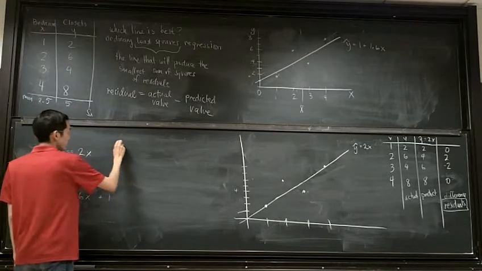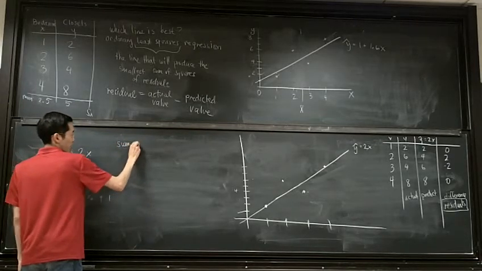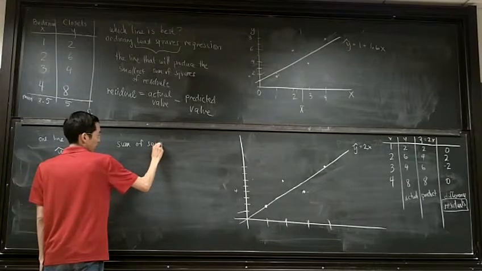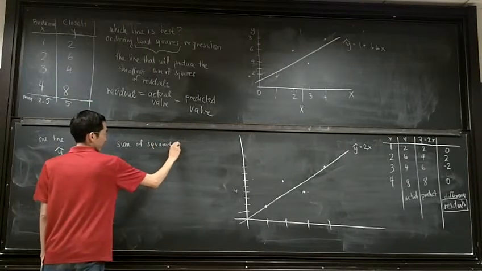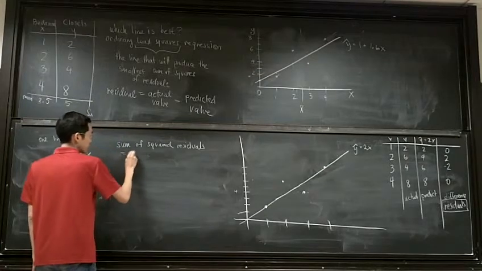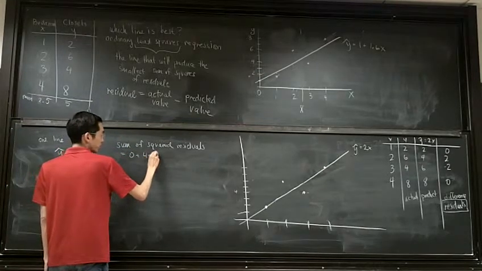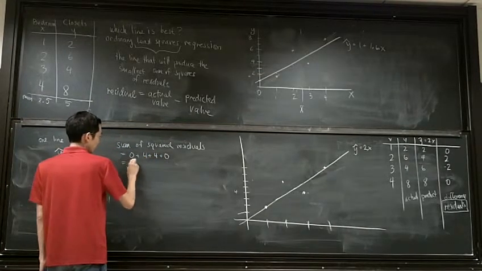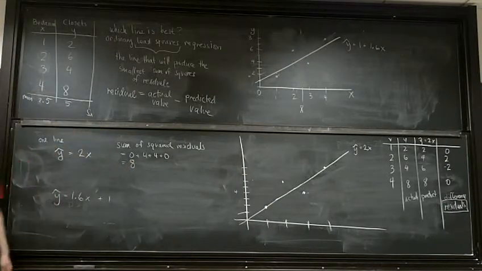My sum of squared residuals would be equal to 0 plus 4 plus 4 plus 0. I would have a sum of squared residuals of 8, which is not too bad.